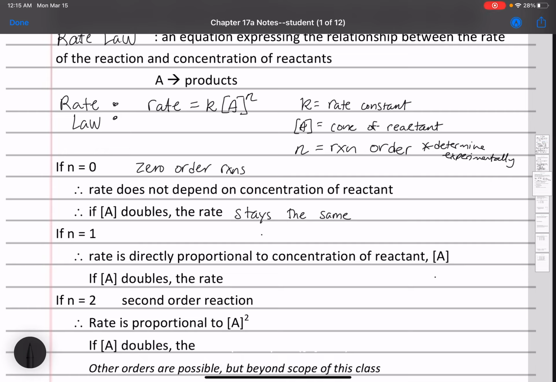So let's see. I think probably a zero order reaction would be, now let me give you an example of a zero order reaction in the real world. I'm just looking it up now.